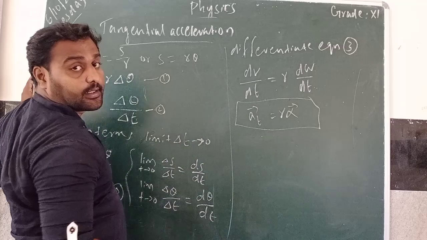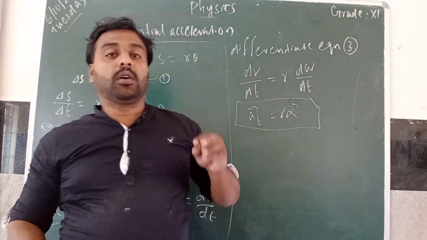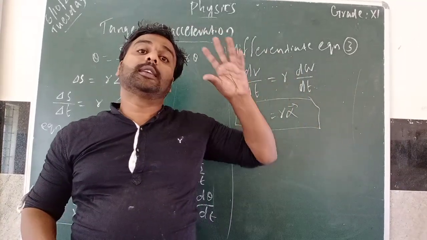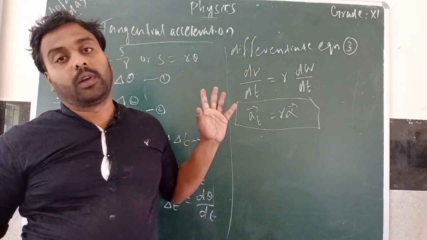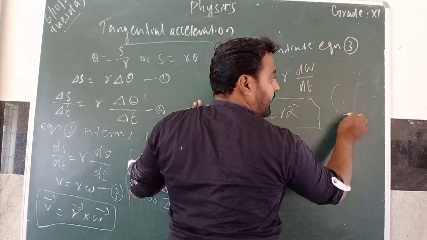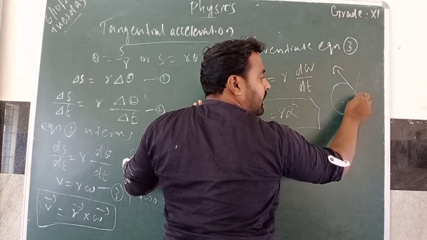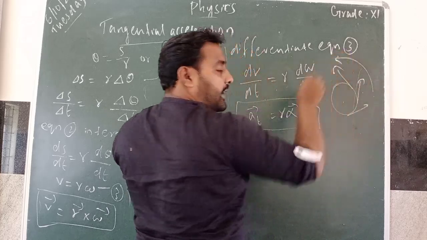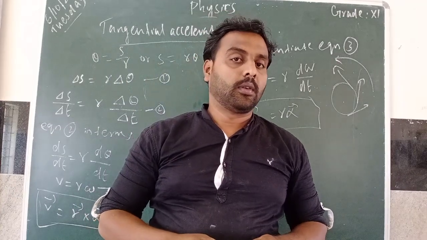That acceleration is called tangential acceleration. So note that our tangential acceleration is in the direction of linear velocity. You see in this circle, this is the direction of linear velocity. In this same direction our tangential acceleration also acts.